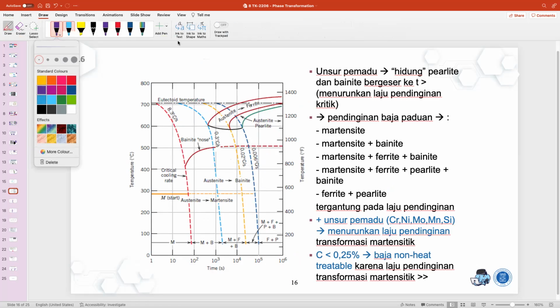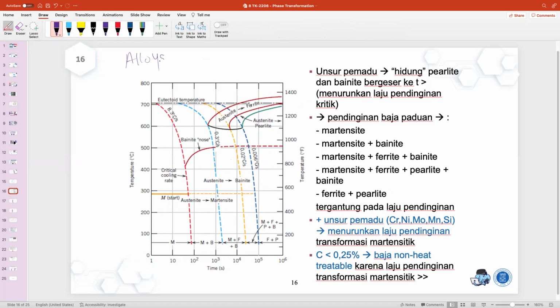So what happens if we have alloys? Okay, if we have alloys here, sometimes we have bainite. For example, with alloys like chrome, nickel, molybdenum, manganese, and silicon, it actually will decrease the critical cooling rate.